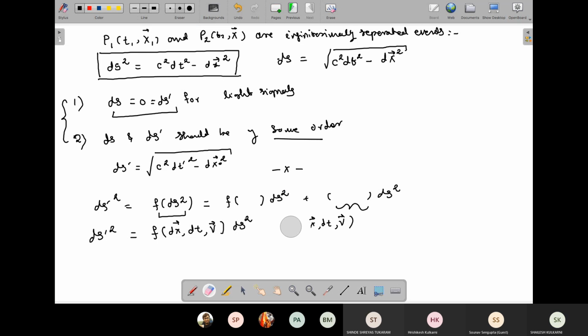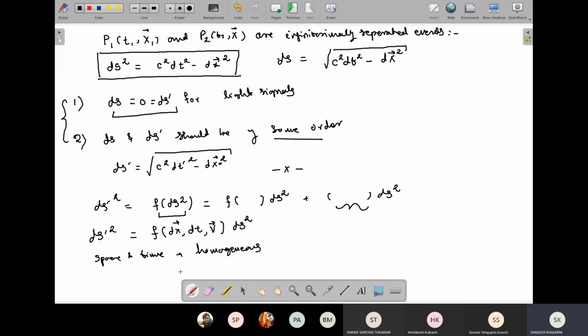At this step, this function may depend on the vector dx, dt, and the velocity vector. But now you apply the homogeneity of space and time.